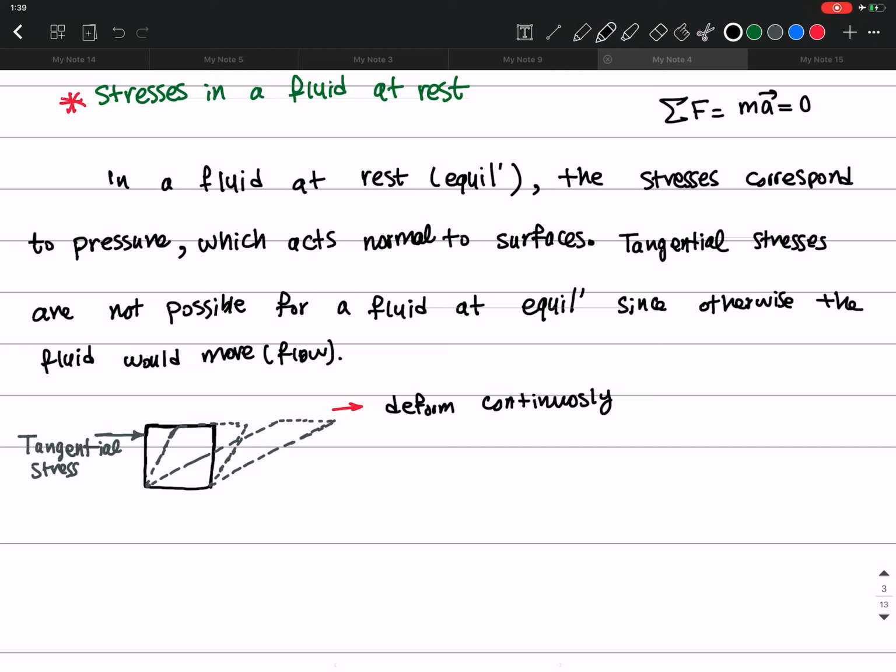So these tangential stresses are not possible for a fluid that is at rest. This is only possible if we have a fluid that is moving, so we can have this continuous deformation.